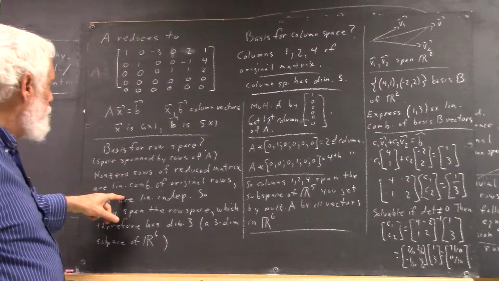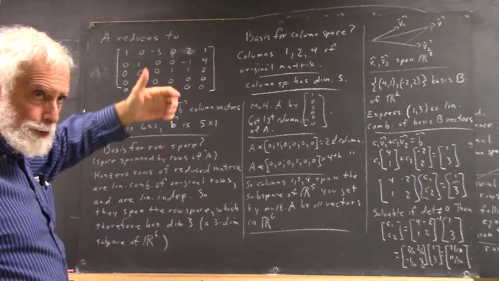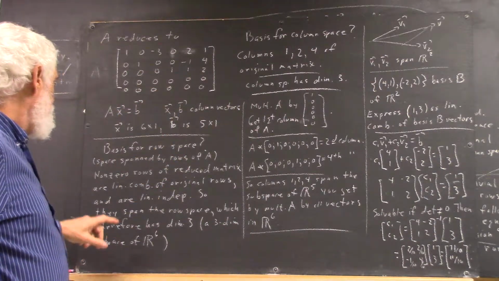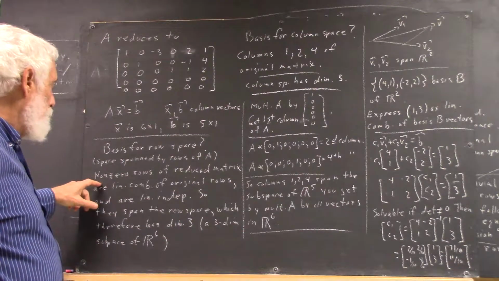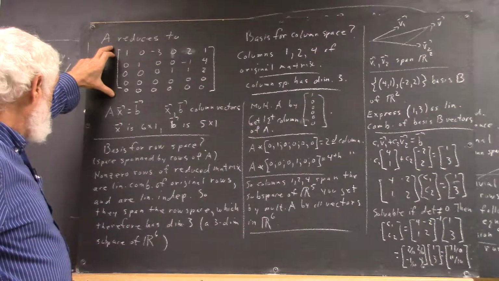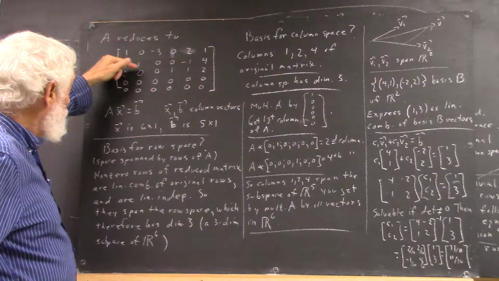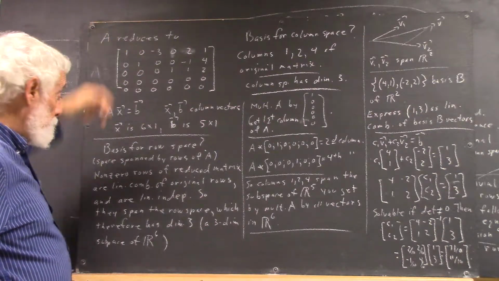Okay, so since these are all linear combinations of the original rows or interchanged rows, we note then that the non-zero rows of the reduced matrix are all linear combinations of the rows of the original matrix.